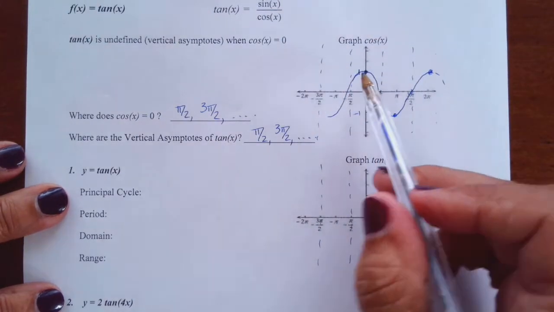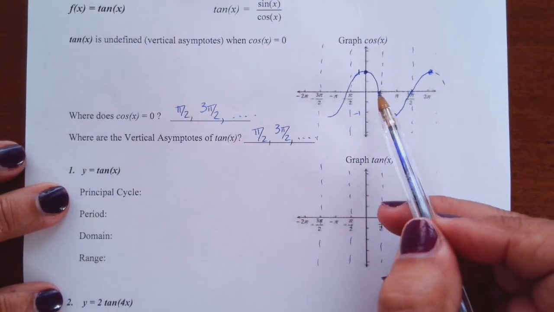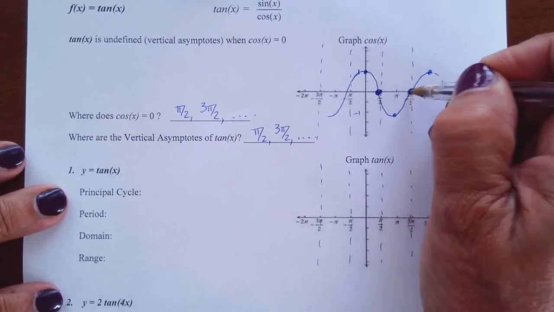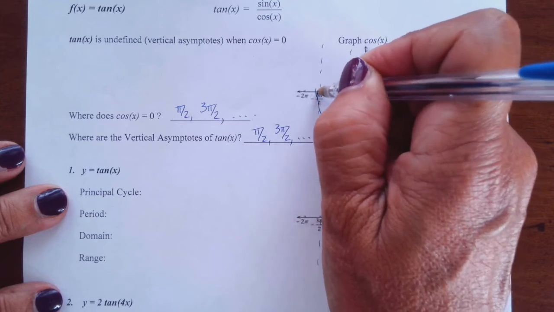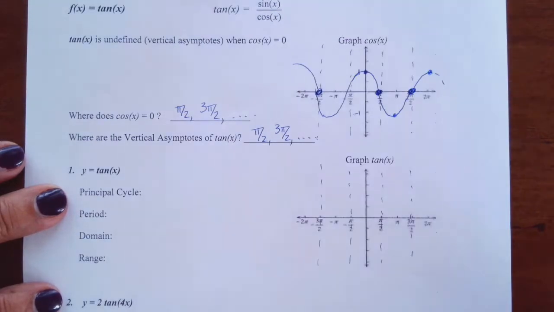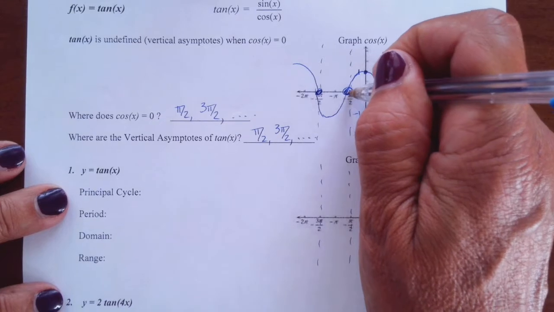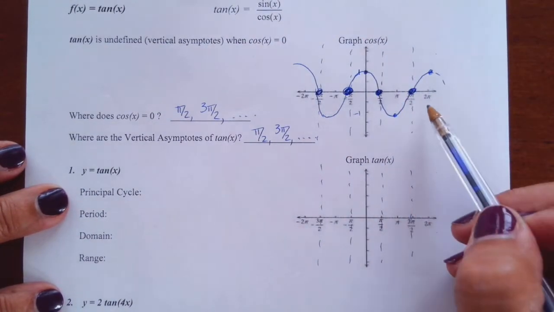All right, so the point of graphing the cosine first, I'd use the unit circle, but we see where the cosine equals 0, right? Everywhere it equals 0, that's your asymptotes. Okay, so those dotted lines, because I can't divide by 0.